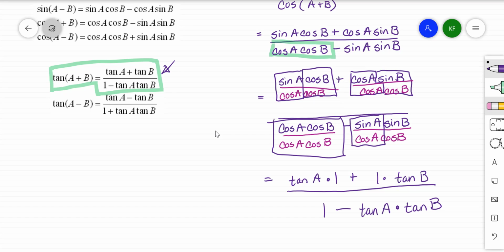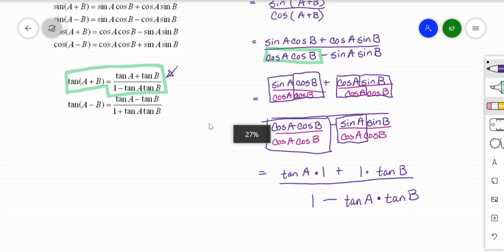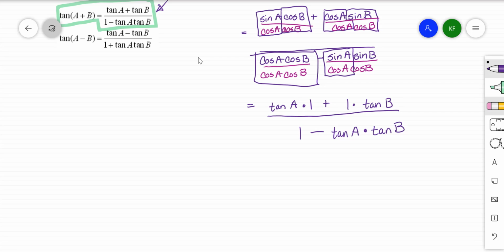On the first try, we actually have what we need. So I'm going to just clean it up to make it look like the formula that we need, okay? So this is tangent A plus tangent B all over 1 minus tangent A times tangent B.